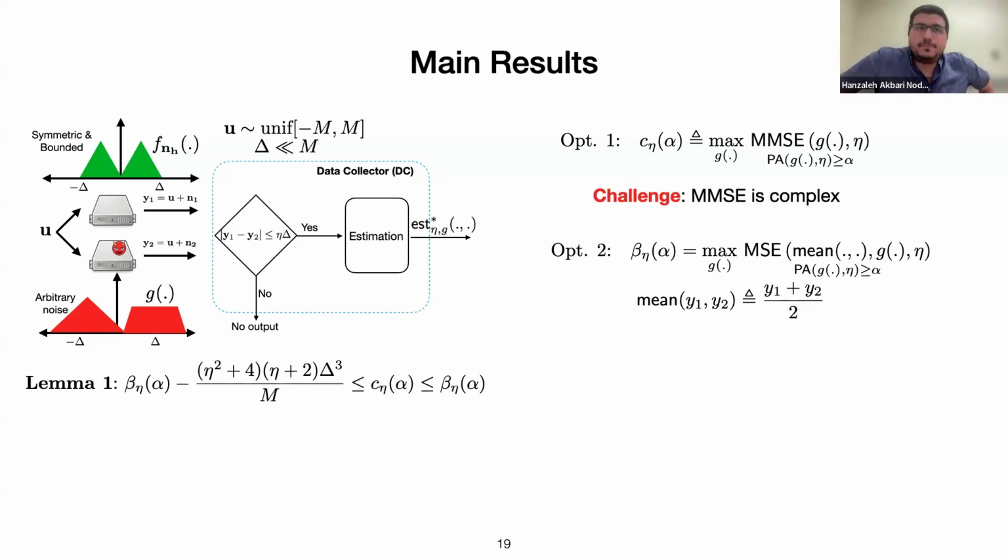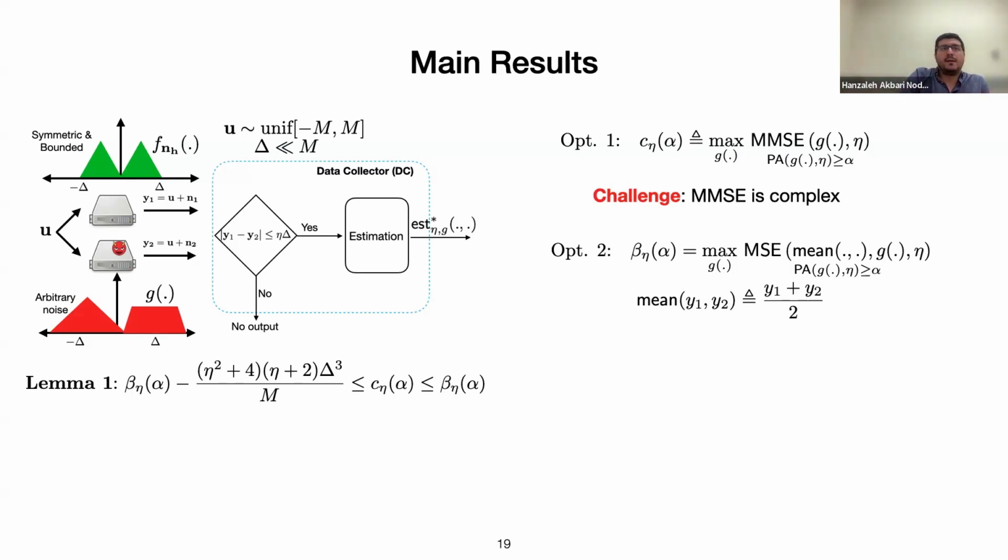And in lemma 1, we show that the result of optimization 2 is closely related to the result of optimization 1. There is a vanishing gap between these two values. It is a vanishing gap because, if you remember, and as you can see here, M, which is the range of the computation, we assume is by far bigger than the range of the accepted noise that can be injected by the honest nodes.